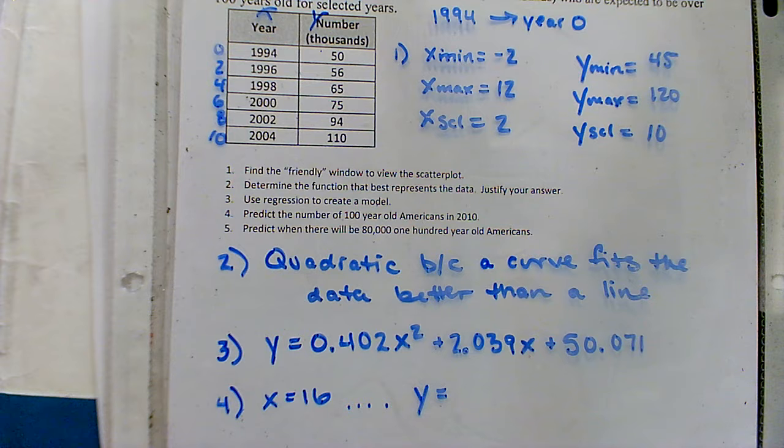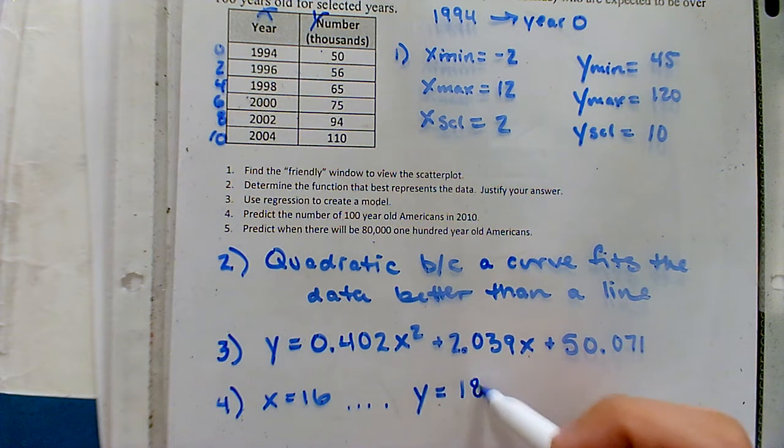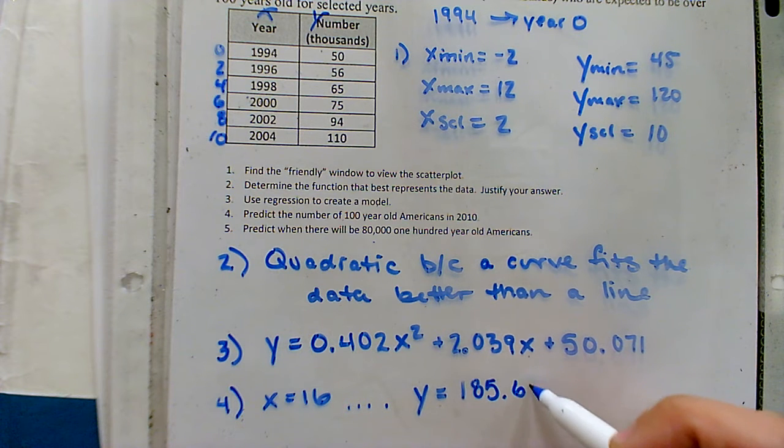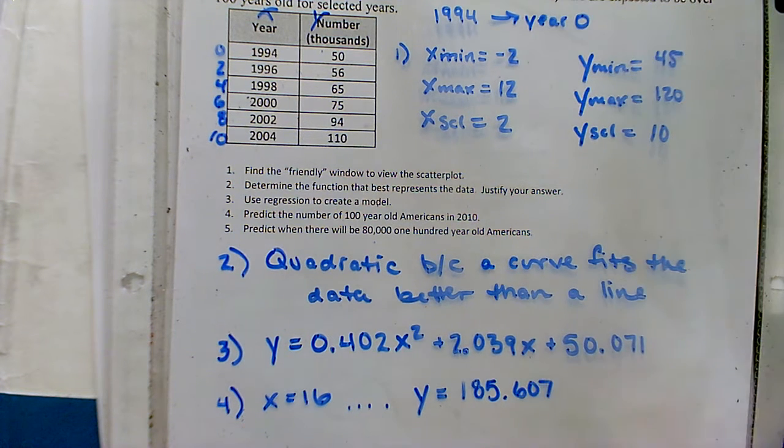Do we get our value? How many 100-year-olds do we have? 185.607.